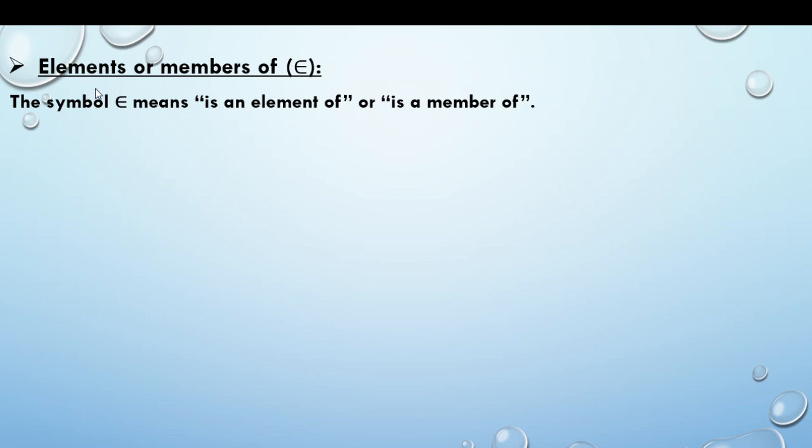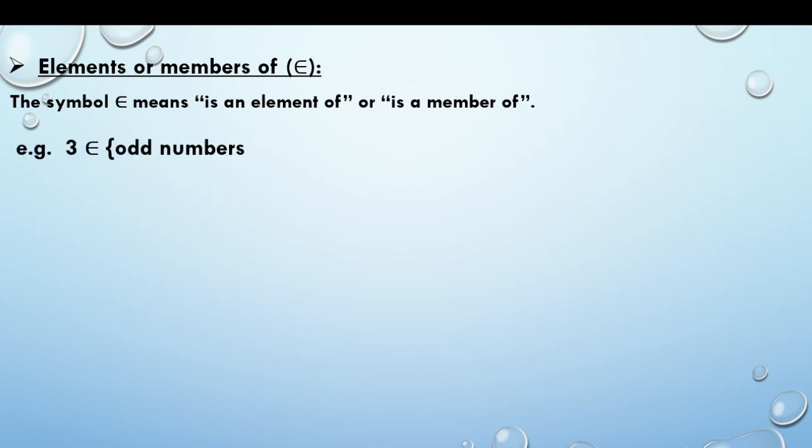Let's also look at elements or members of. So elements or members of represented by this symbol here. This symbol here means is an element of or is a member of.